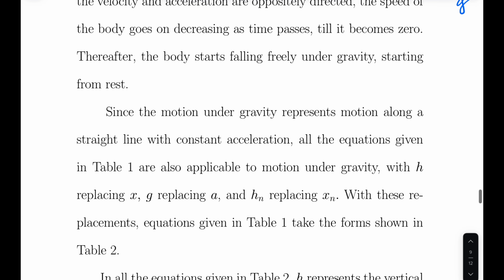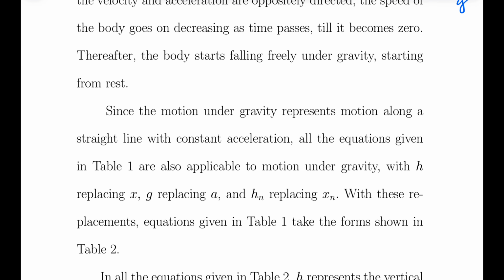Since the motion under gravity represents motion along a straight line with constant acceleration, all the equations that we have derived and are given in table 1 are also applicable to motion under gravity, with h replacing x, g replacing a, and hn replacing xn.